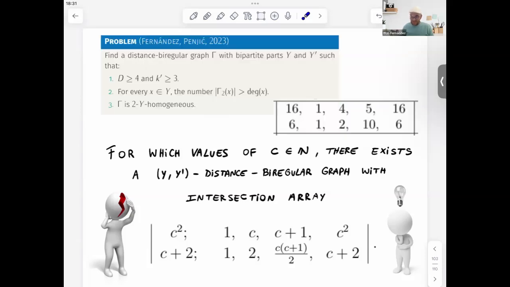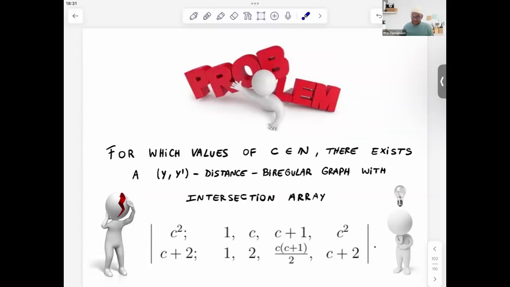so just to finish, I would like to mention that this intersection array was also important in some other context. We consider this intersection array in some other paper that we authored with Sabrina.